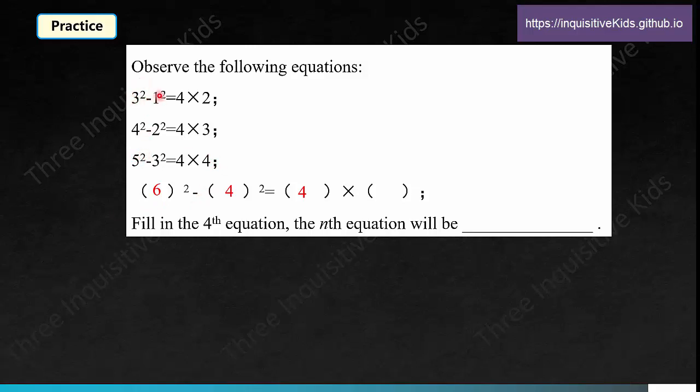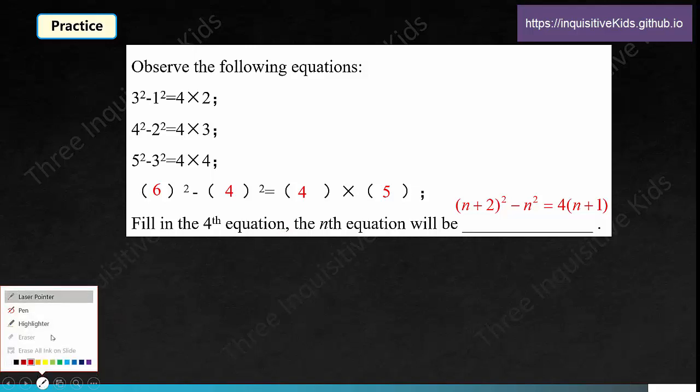So 3 and 1, in between there's 2; 4 and 2, in between there's 3; 5 and 3, in between there's 4. So it seems like that would be 5, in between 6 and 4. That's the fourth equation.